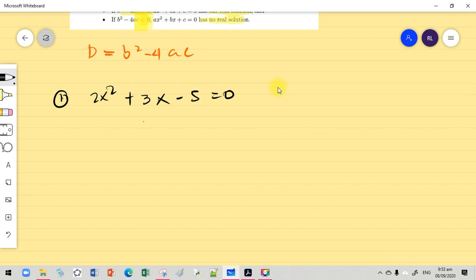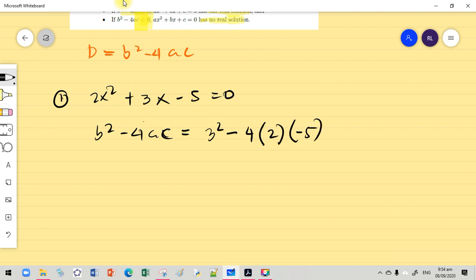We just use b squared minus 4ac, which becomes 3 squared minus 4 times 2 times negative 5. We have 9 plus 20 times 2 is 40, so we'll have 49.